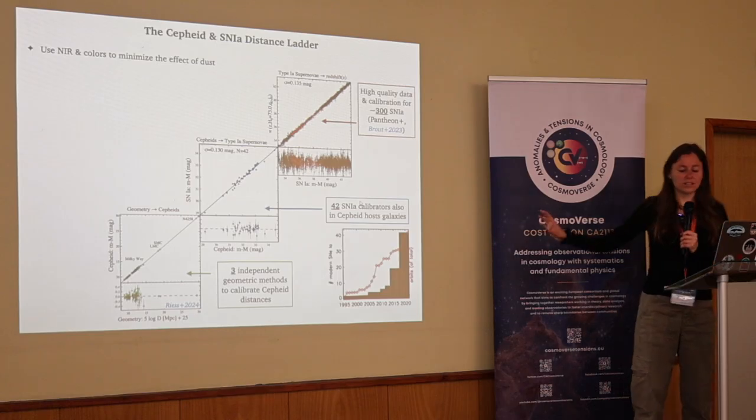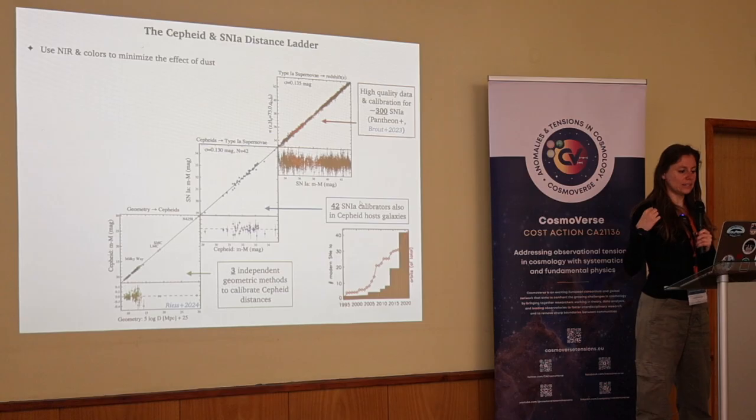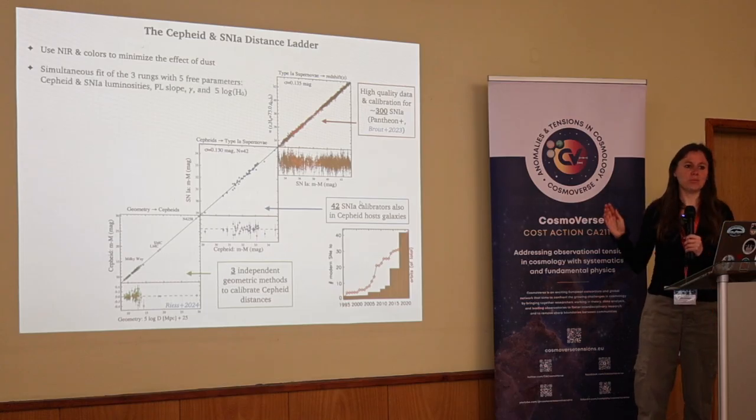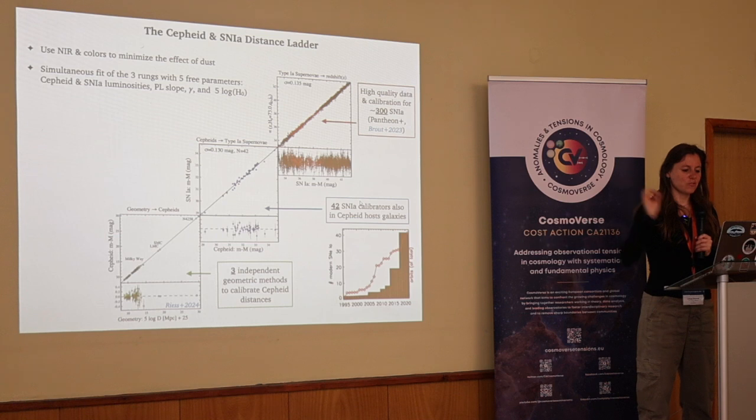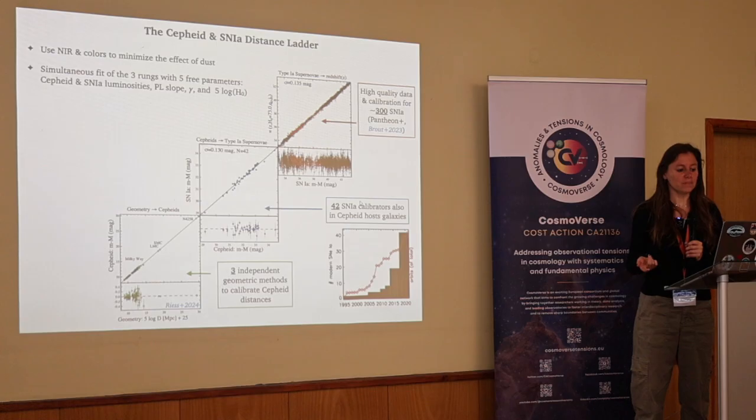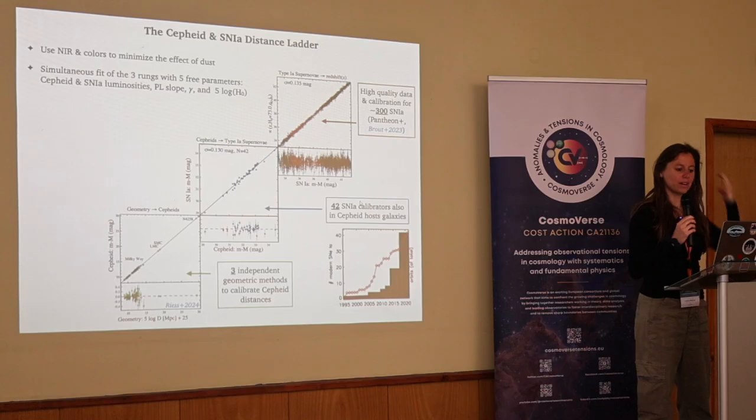So we connect these 3 steps together, and we use the near-infrared and colors to minimize the impact of dust. If you only work in the optical filters, then you're really affected by dust. But if you look into the infrared, then you can limit the effect of dust. And we do a simultaneous fit of these 3 steps with 5 free parameters: the Cepheid and type 1a supernovae luminosity, the slope of the period luminosity relation, gamma, which is the metallicity dependence of Cepheids.